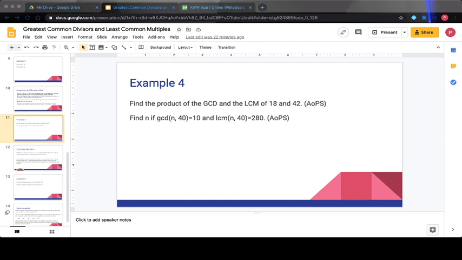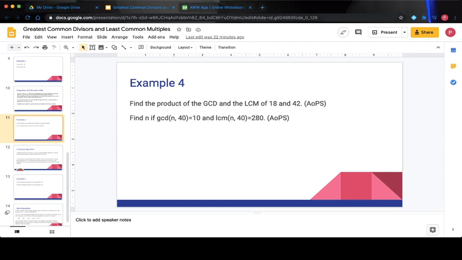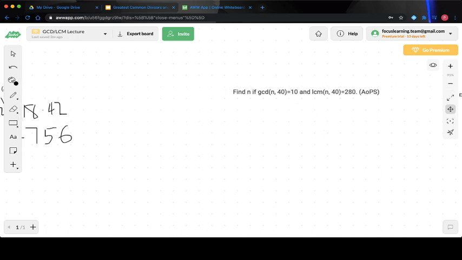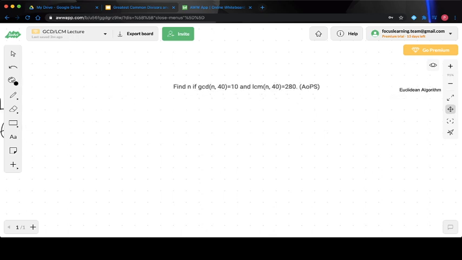Okay, let's work with the problem now. Unless someone's really familiar with numbers, it would be quite difficult to immediately find the value of n without using some of the properties we have. So again, recall that the greatest common divisor of two numbers times the least common multiple of two numbers equals the product of the two numbers.